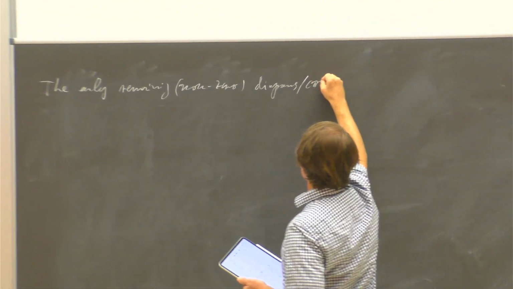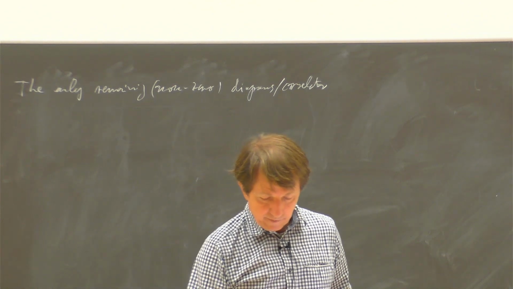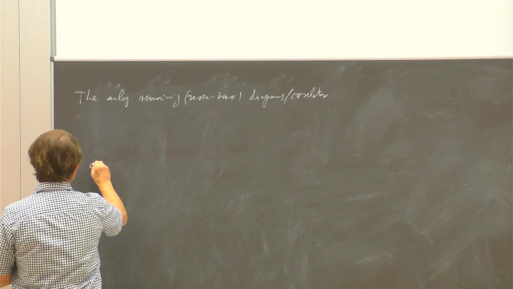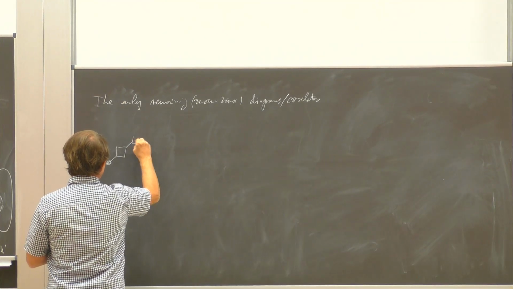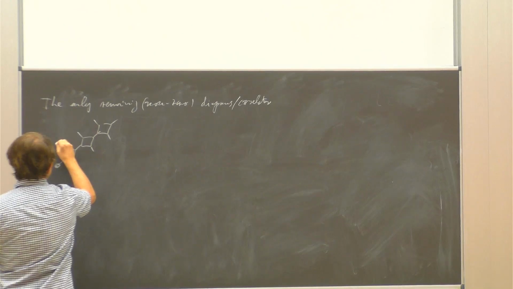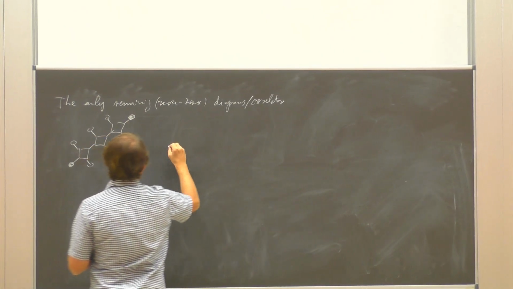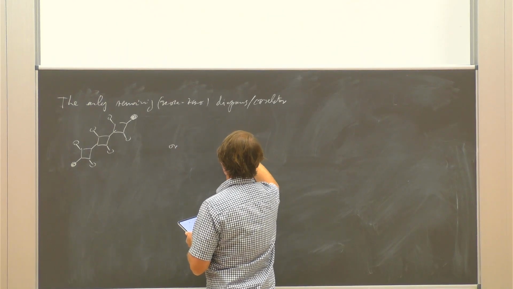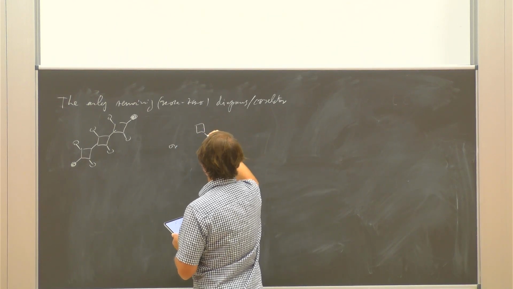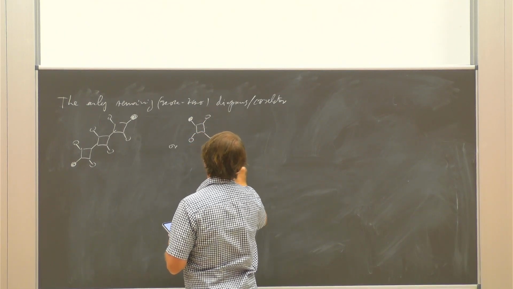Each diagram means a particular space-time correlator, and only two diagrams remain, these ones, where operators are placed like this, or like this.